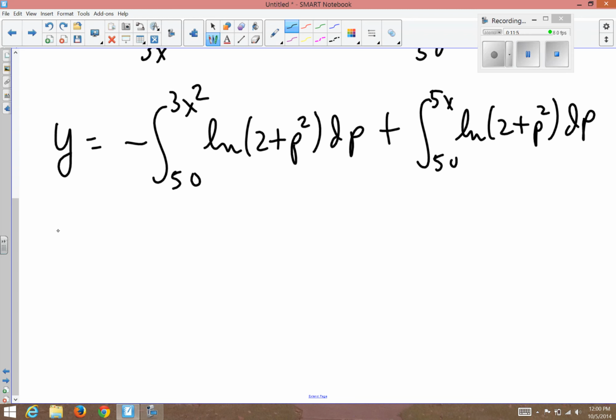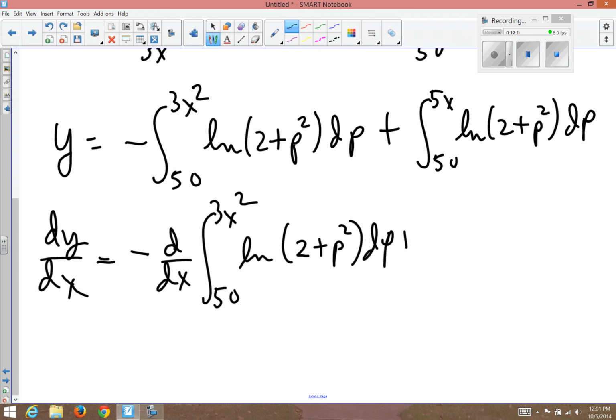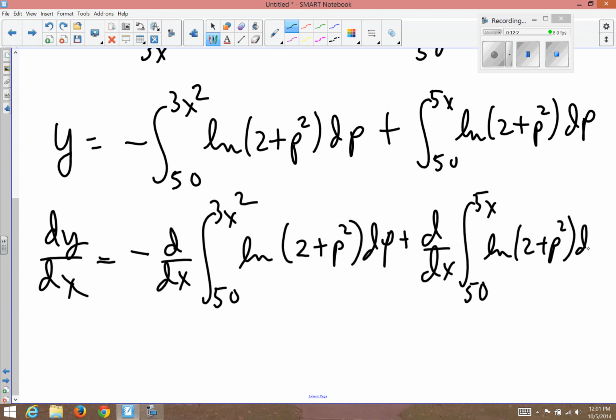There's 3 terms here. The derivative of y with respect to x equals negative derivative with respect to x of the antiderivative 50 to 3x squared natural log of 2 plus p squared dp plus the derivative with respect to x of the antiderivative 50 to 5x of the natural log of 2 plus p squared dp.